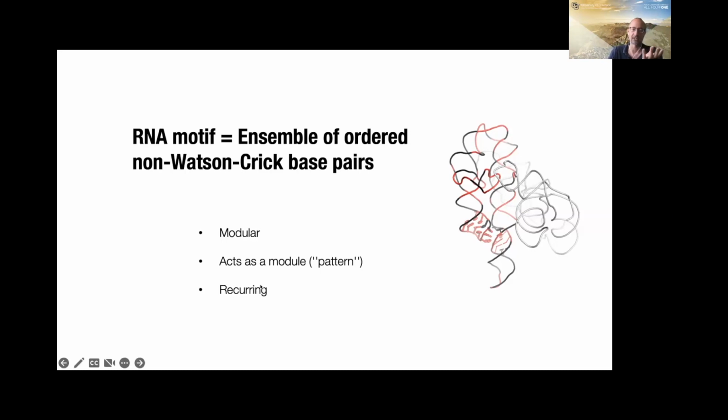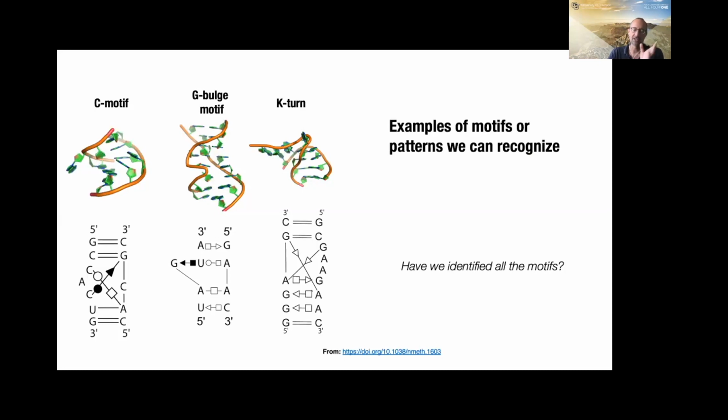So it's recurring, right? As a corollary of this modular property, you find them in several RNAs. So here are some examples that we are really good now at recognizing because we've seen them in several examples of RNA structures and people have done mutations on them. So we understand the importance of some of the non-Watson-Crick pairing. And we even have shown on the 2Ds all these symbols with the squares, triangles, and open, closed.